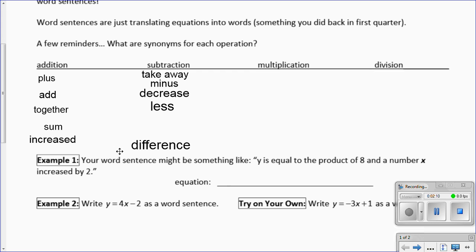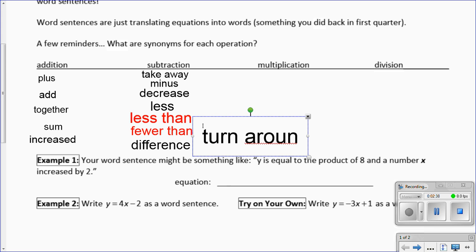Difference is another one. Now, the next two are actually turnaround words. So when you hear less than, 4 less than 6, it means that the number that came before less than is actually in the back of the math. So when we say 4 less than 6, what we're saying is 6 minus 4. Okay? So when you see less than or fewer than, those are turnaround words.